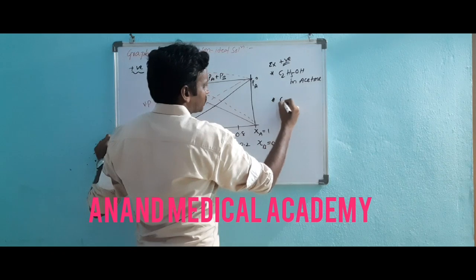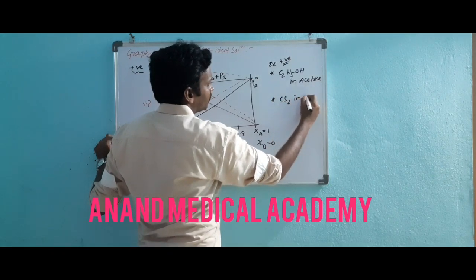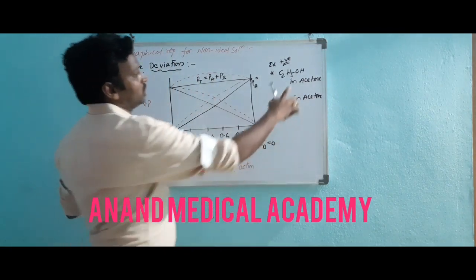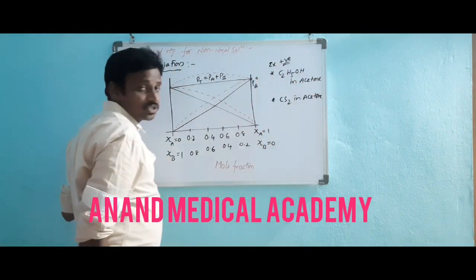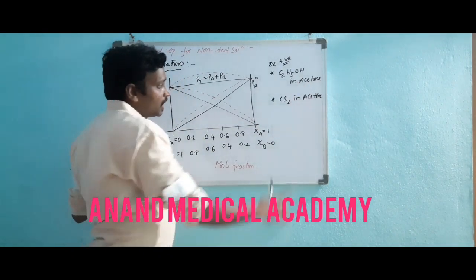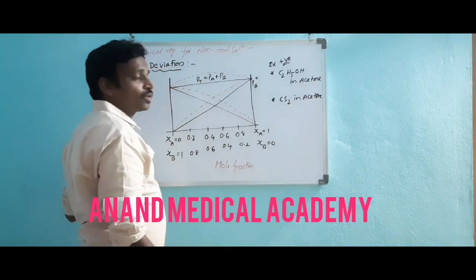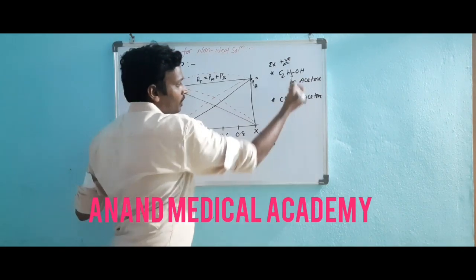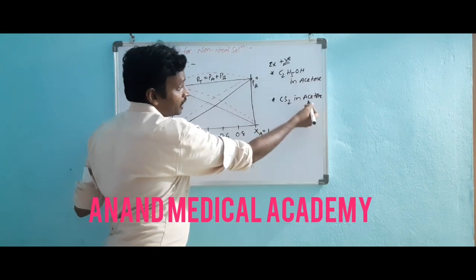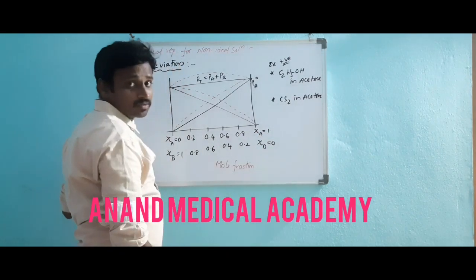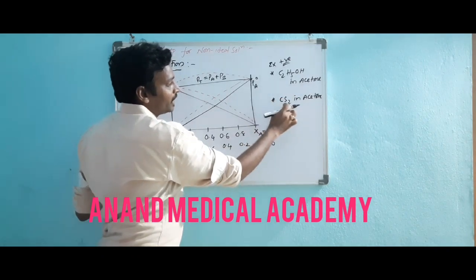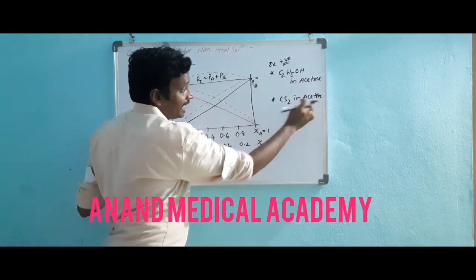Likewise, CS2 in acetone. These both hate each other. Ethanol in acetone hate each other. CS2 in acetone hate each other because CS2 is non-polar overall, but the individual bonds are polar. That's why it hates acetone.